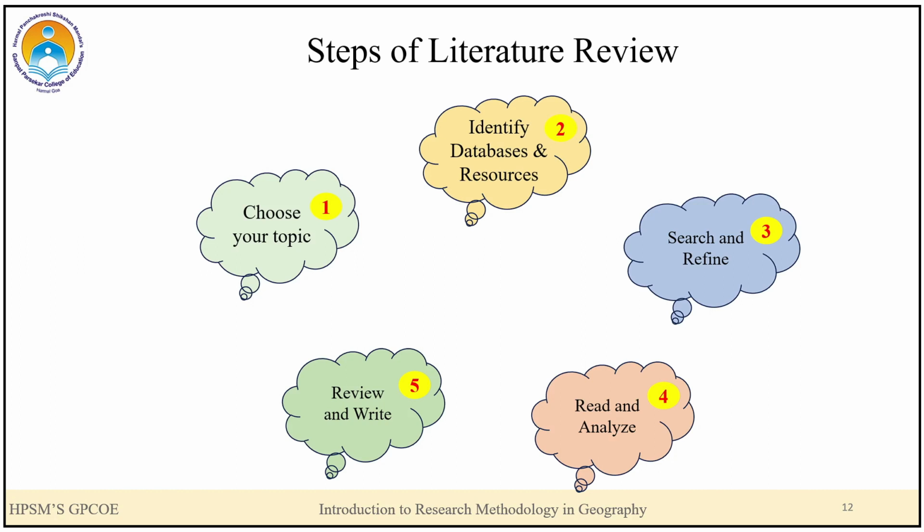For example, if you are working on the topic of land use, land cover, then you will get n number of research articles specifically pertaining to that topic, such as impact of land use, land cover on land surface temperature, or watershed management development.